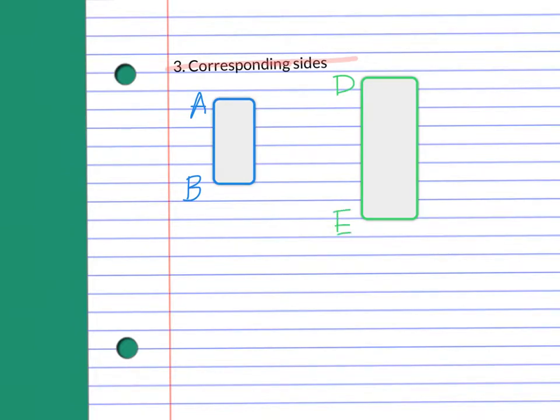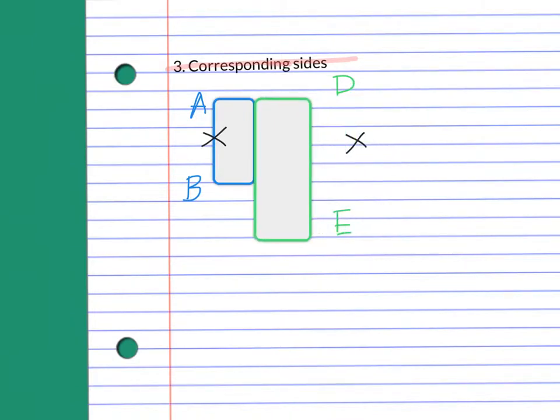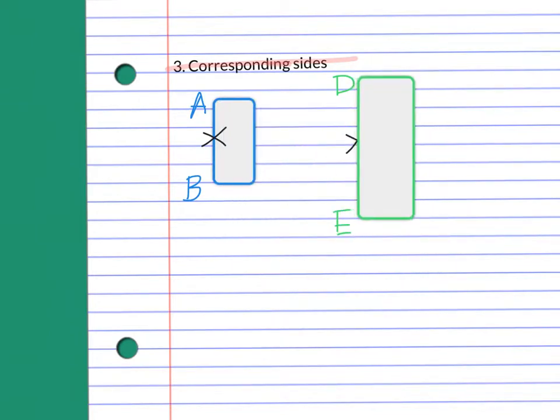So I could say then that AB corresponds to DE. And I could even click this over, and it's about double, maybe 1.5 times longer on each side. So those sides would correspond.